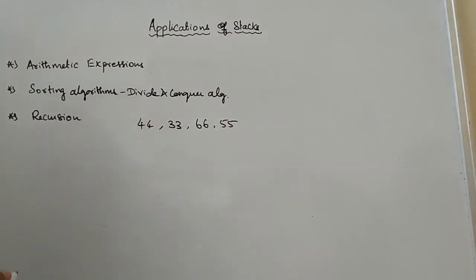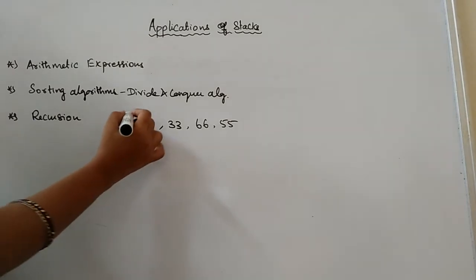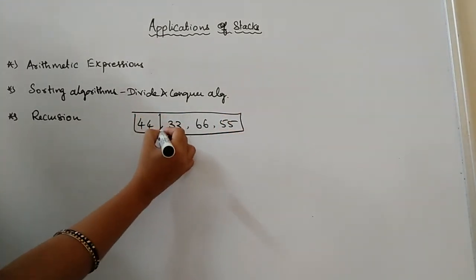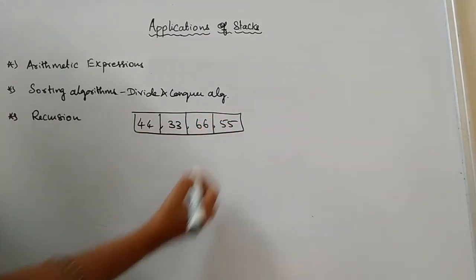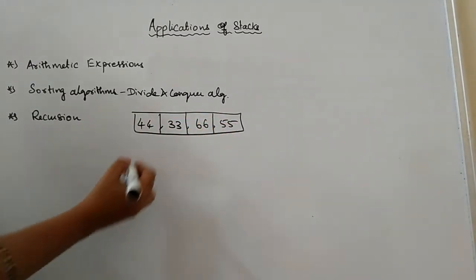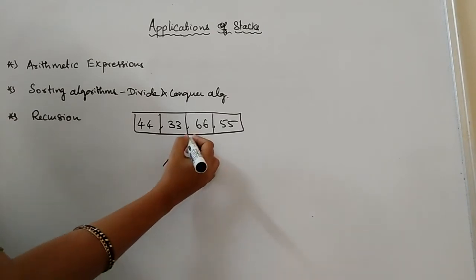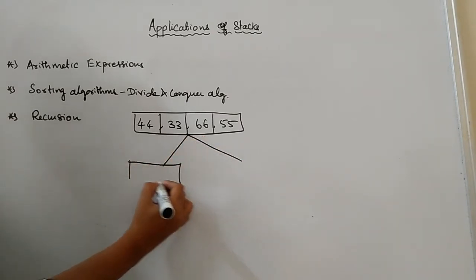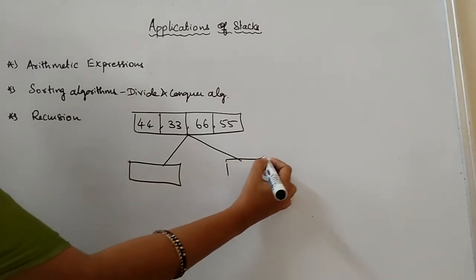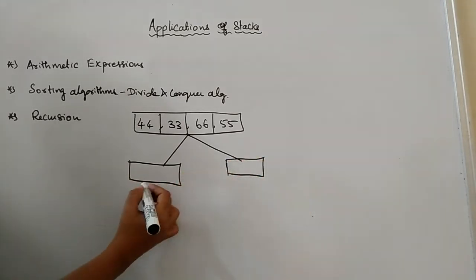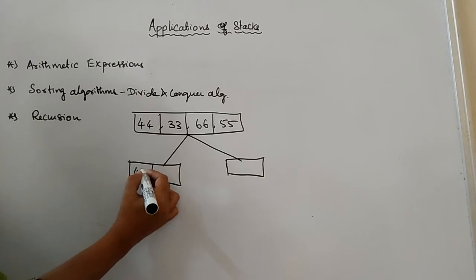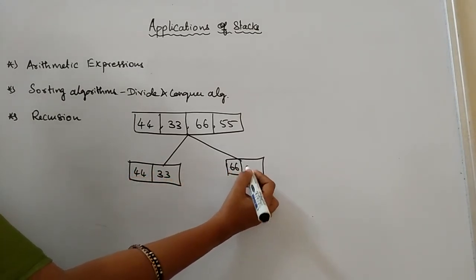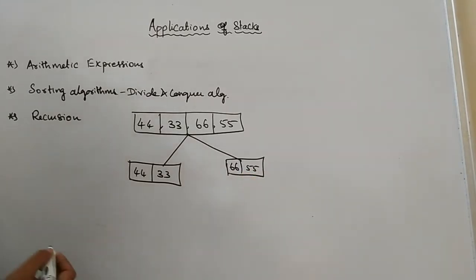So here I have 4 elements. I am going to fragment these 4 elements into two subsets. Here I will have 44, 33, and here I will have 66 and 55.